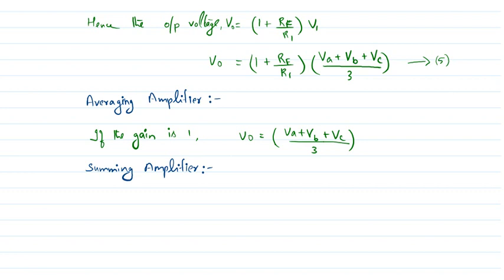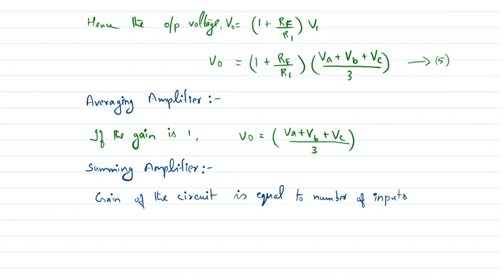So we can select the gain of the circuit to be equal to the number of inputs. In the above circuit, the number of inputs is 3, so the gain must be 3.